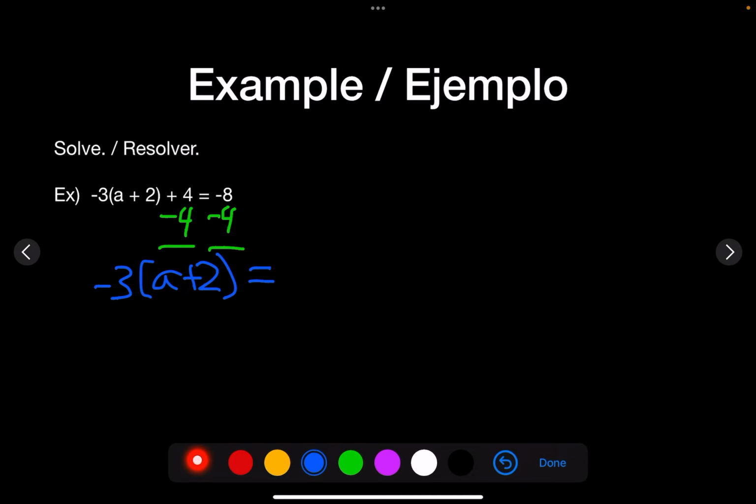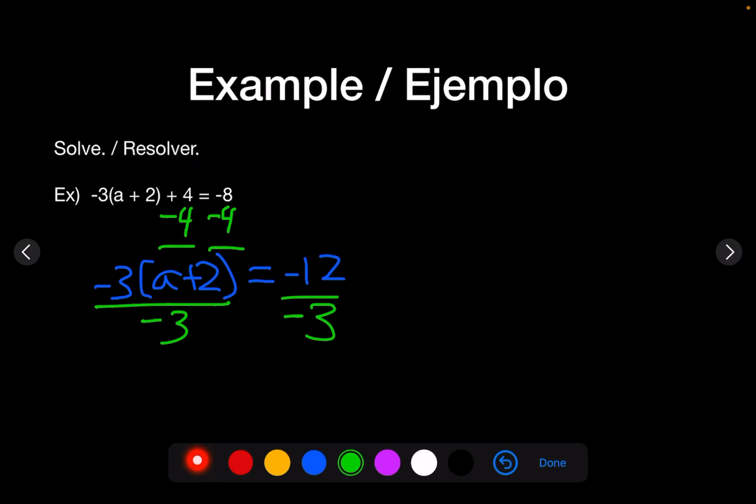I'm hoping that on the right-hand side, we get a number that's divisible by 3, and sure enough, -8 minus 4 is -12. So now I could divide both sides by the coefficient of the parentheses and never have to distribute and make the problem longer and more complex.